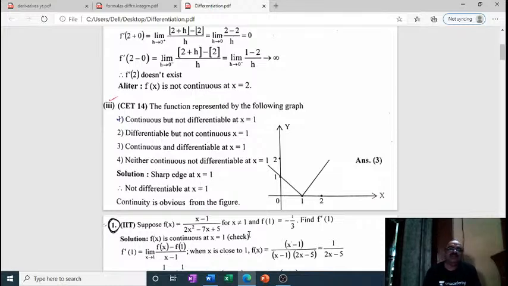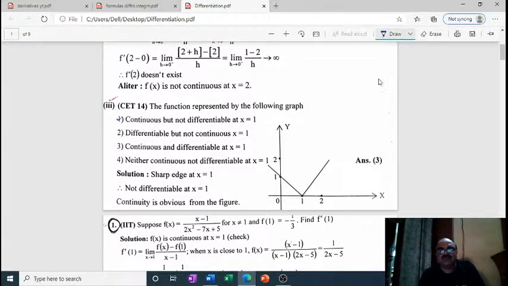Therefore, it is not differentiable at x equal to 1. Definitely, you can see continuity in this. So, what is the answer? It's not 3. 3 is actually wrong here. It is 1. It is continuous but not differentiable at x equal to 1.